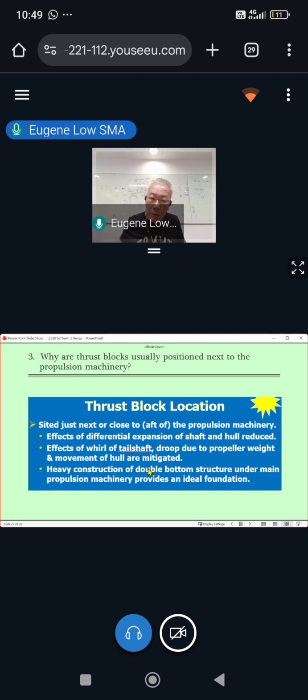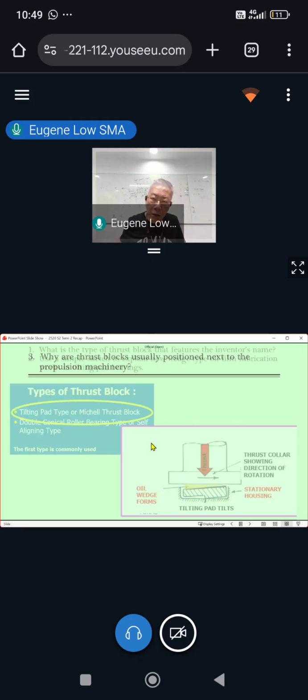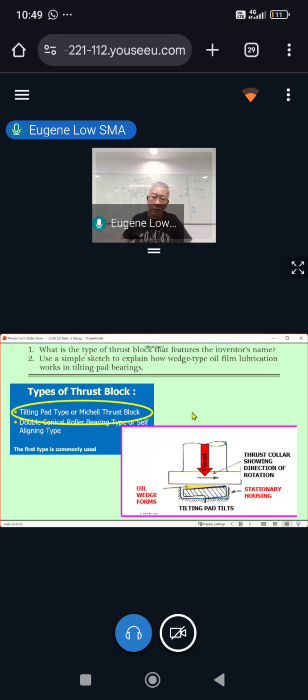If no question, page 26. Soumya says page 26, last page. Okay, I'm going to keep it here for a while. Tilting pad thrust block. Then I'll leave it there for a while. Or you have some questions for me?